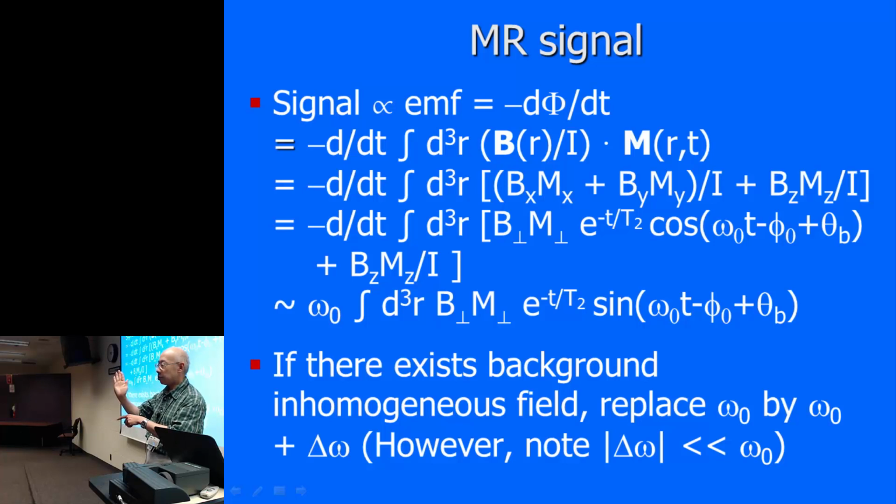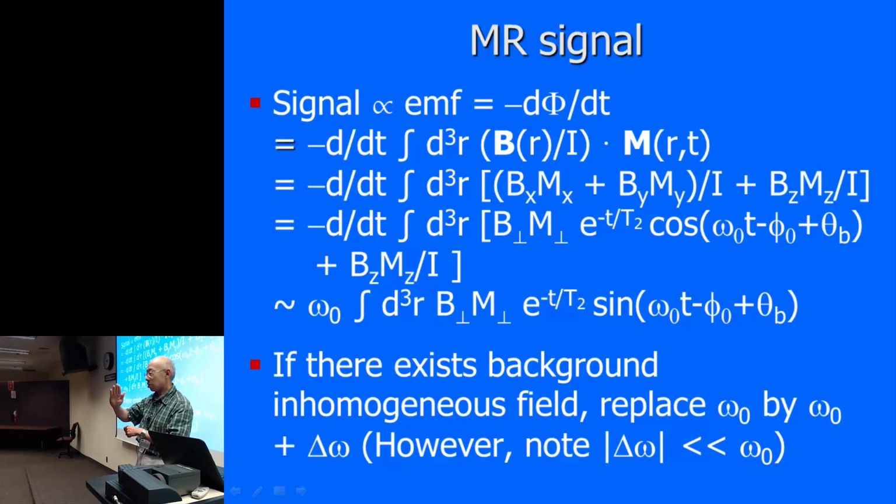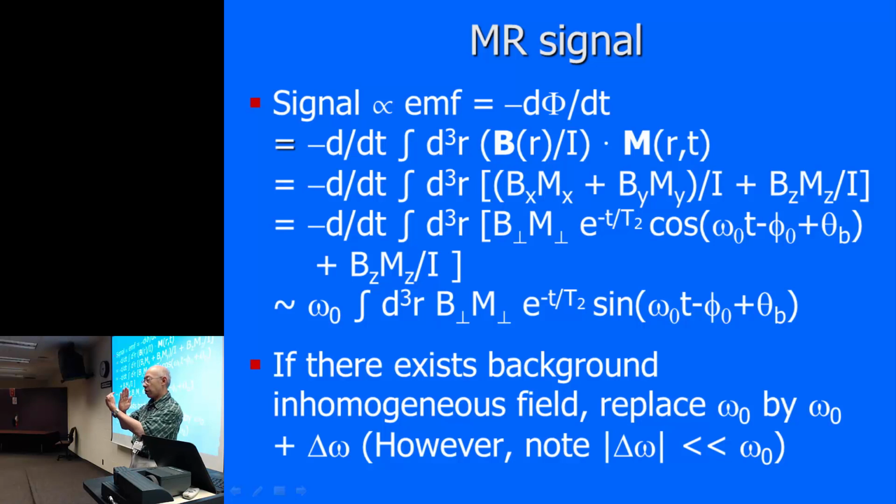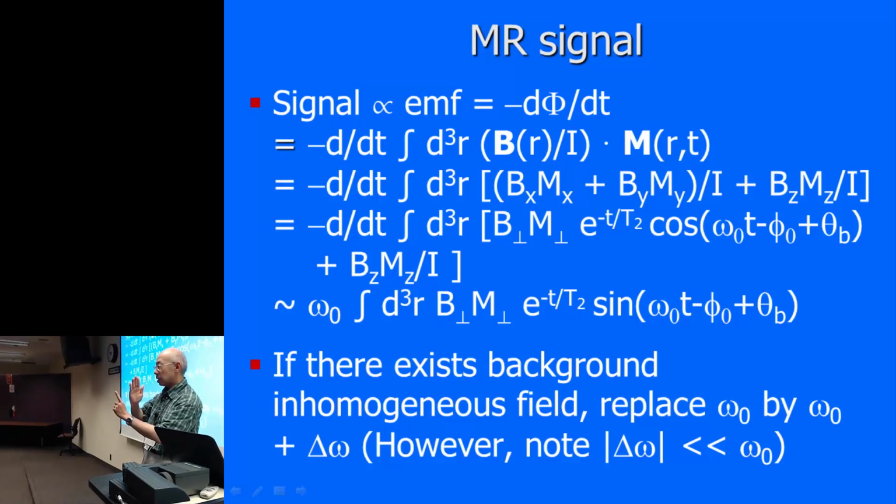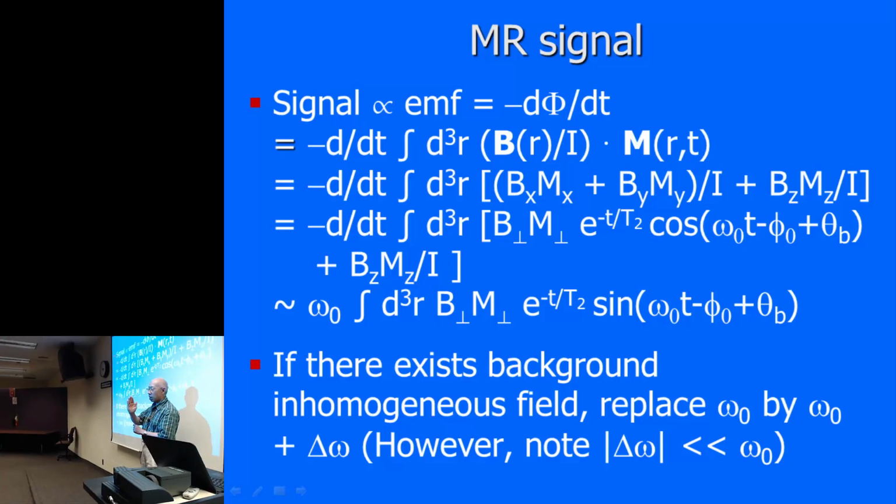But if you don't flip these spins by 90 degrees, so let's just say you rotate these spins by 30 degrees away from the Z direction, then this transverse component is the original M naught, the original magnetization, multiplied by sine 30 degrees. So that's where the flip angle comes in this equation.